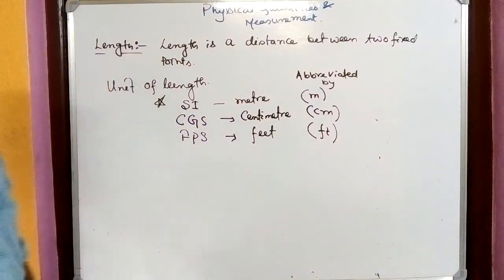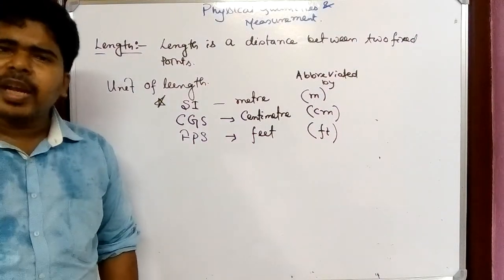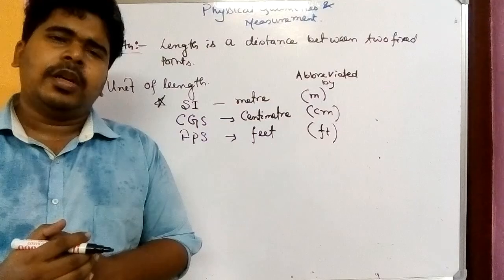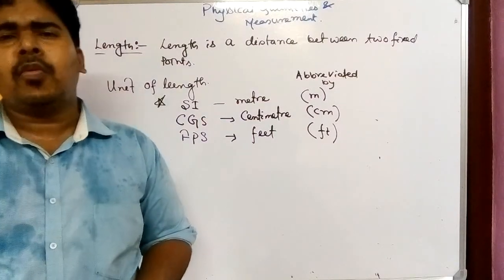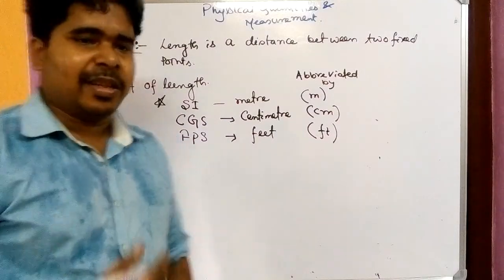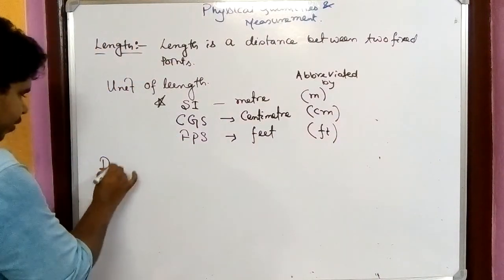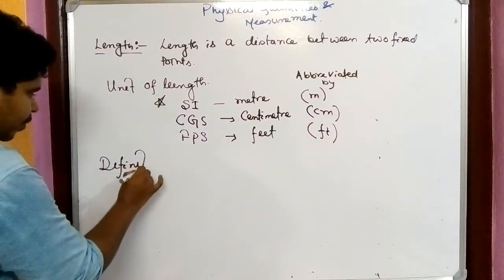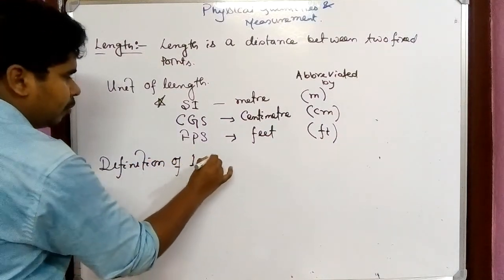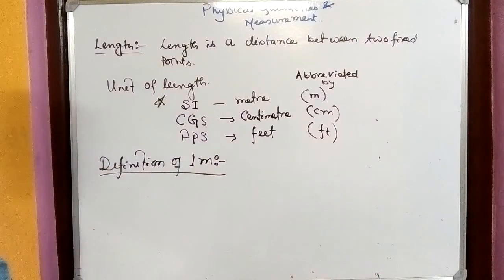Now the question is how we measure 1 meter, that is, how much distance should be known as 1 meter. So our next target is to define 1 meter. What is the standard definition of 1 meter?